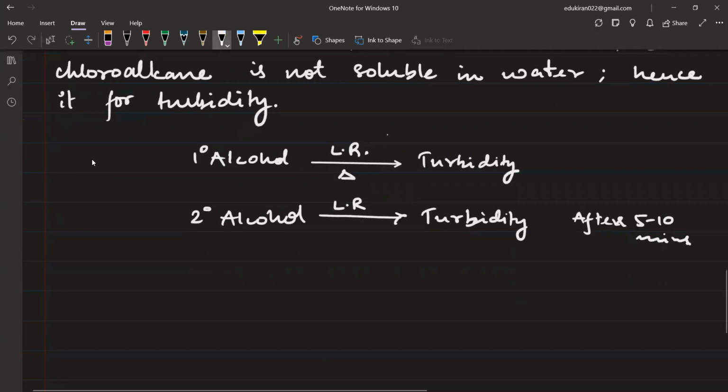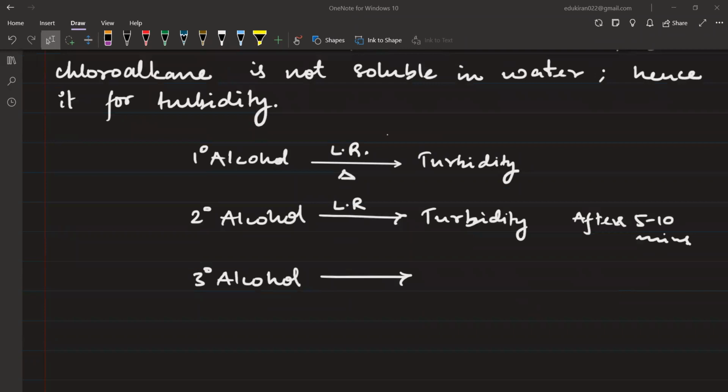And in 3 degree alcohols, even if you use just HCl, it is going to give you turbidity, and that also immediately.